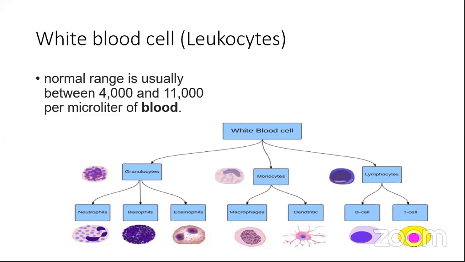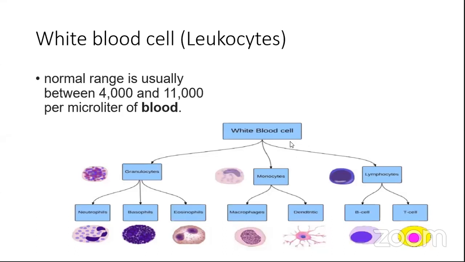Here you can find three lobes, here one lobe, and some have a multi-lobed nucleus. Eosinophil also has a bilobed nucleus. These are all three types under granulocytes: neutrophil, basophil, eosinophil.